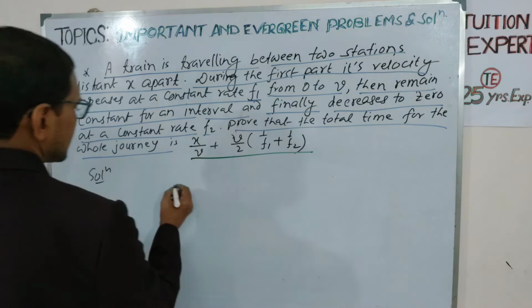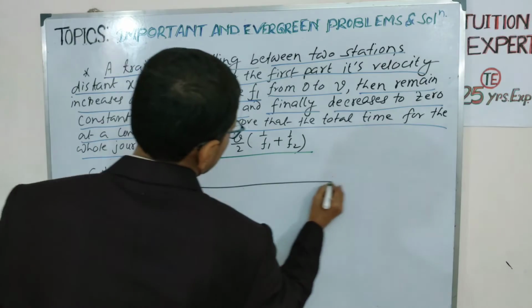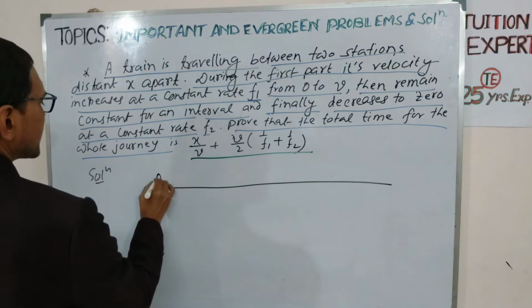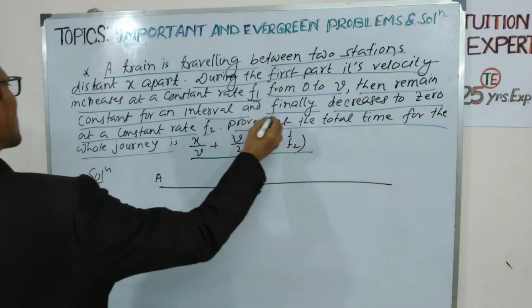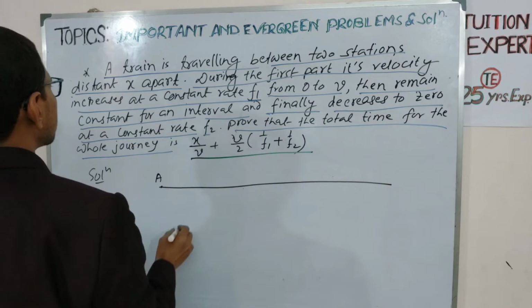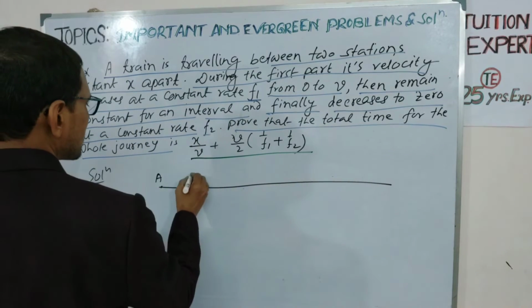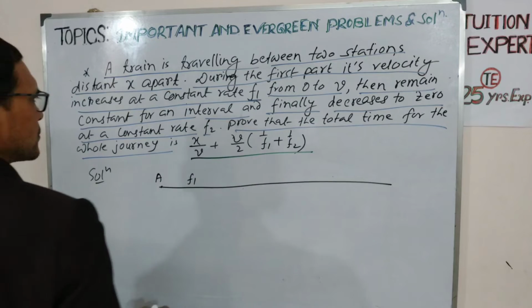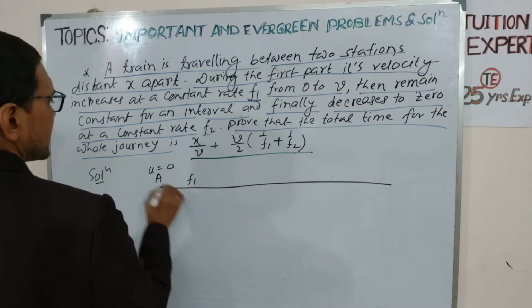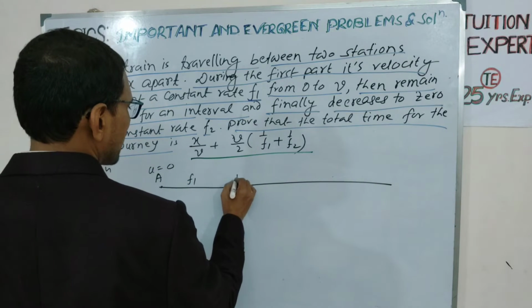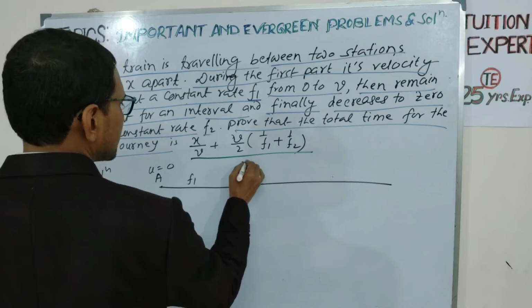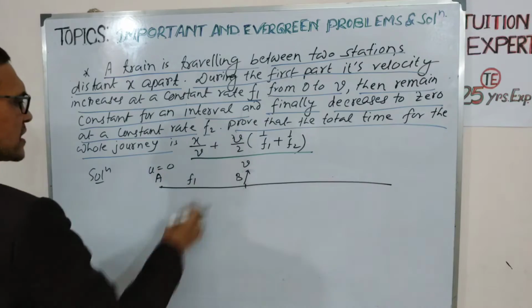Suppose the train starts from here, A, and moves the first part with constant acceleration f1 from 0. Here velocity is 0, and it reaches point B, where velocity is v.